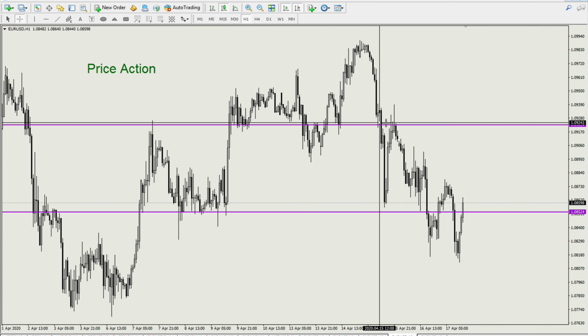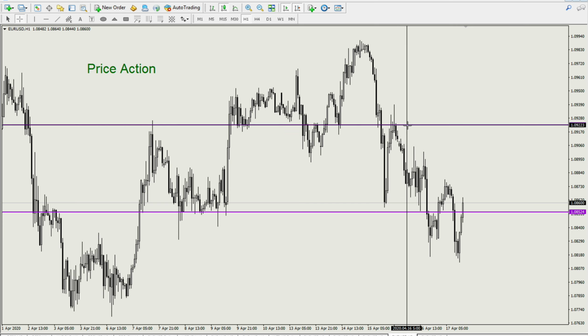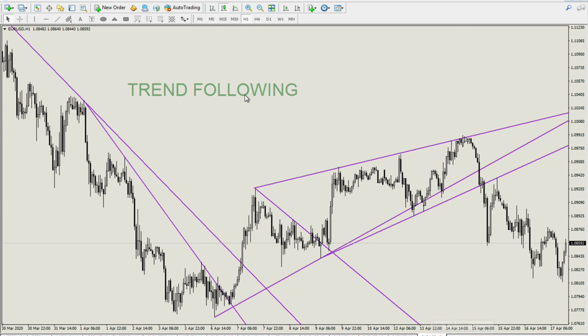We are waiting for a retest of this line, and we can start selling. And here we are. So another 100 pips into our pocket. So that's price action. And let's do trend following.